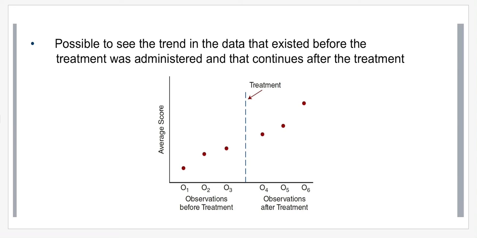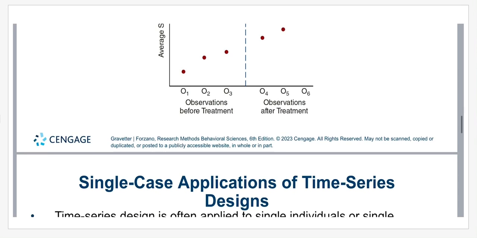It didn't cause a disruption in that trend that was already occurring. So another variable was causing that increase, causing that trend that has nothing to do with the treatment. And so using those multiple observations allows you to see that, right? If you only did 2 observations, one before and one after, you wouldn't have known that that trend or that pattern existed.